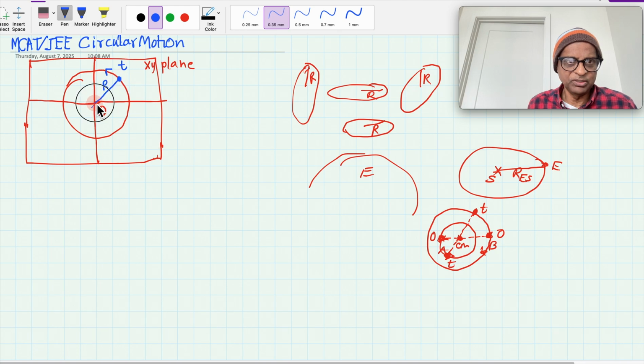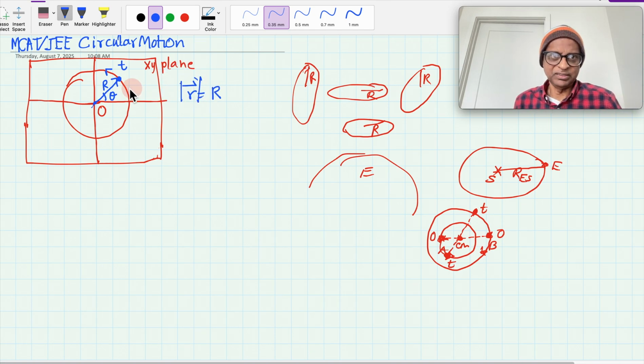If you look at the position vector, its length is r. So the position vector is very easy to tell. It's r in that direction, and this is theta. The magnitude of the position vector is r, but we have trouble saying what this direction is. This direction is called the radial direction.